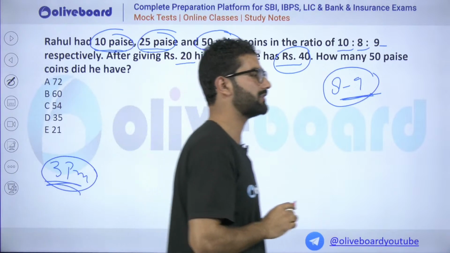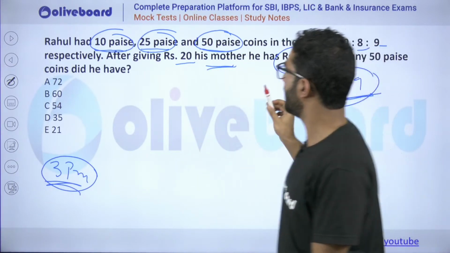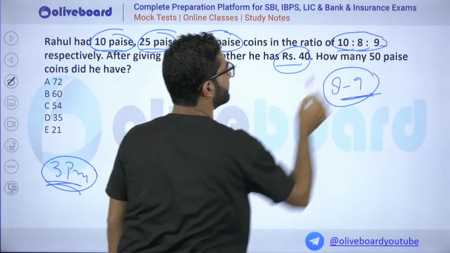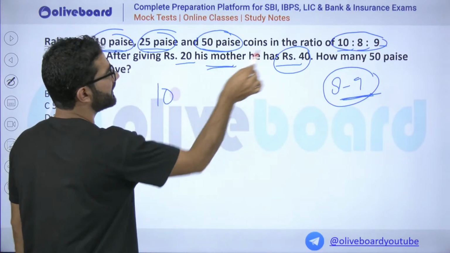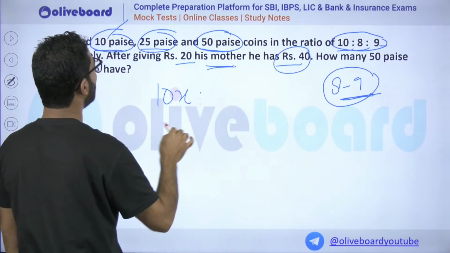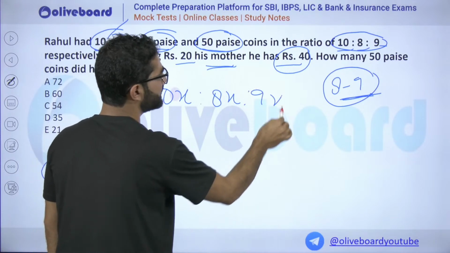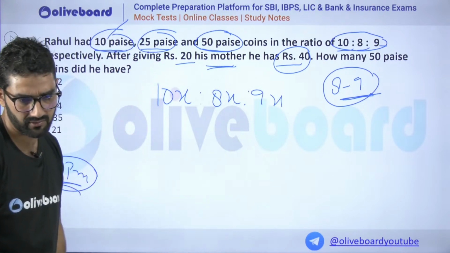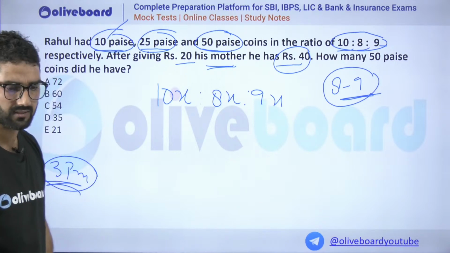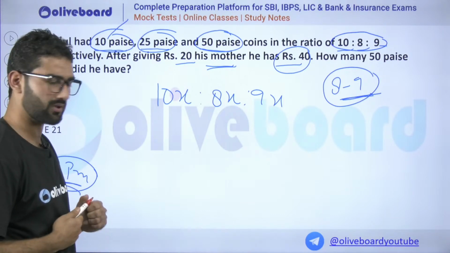If they are in this ratio, the total coins will be 10x for 10 paise, 8x for 25 paise, and 9x for 50 paise.